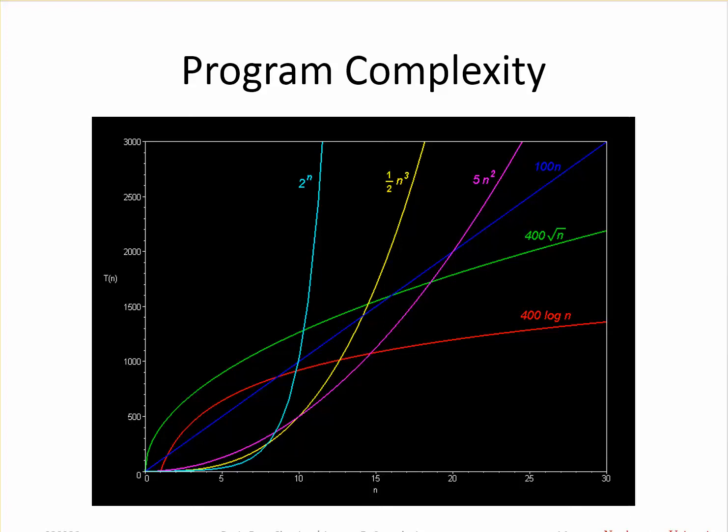Exponential increases dramatically faster than, for example, some kind of quadratic or polynomial time, which again is different than if you had linear time. Or this goes with the square root of n. This is logarithmic. Notice it grows much, much slower as the size of the input increases.